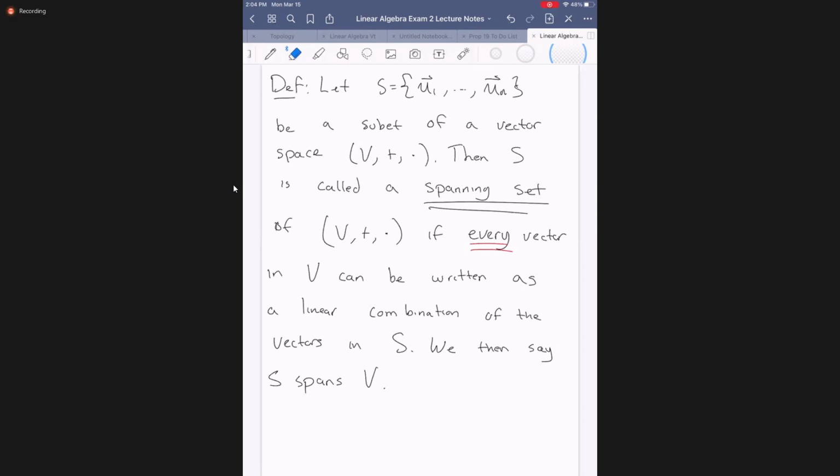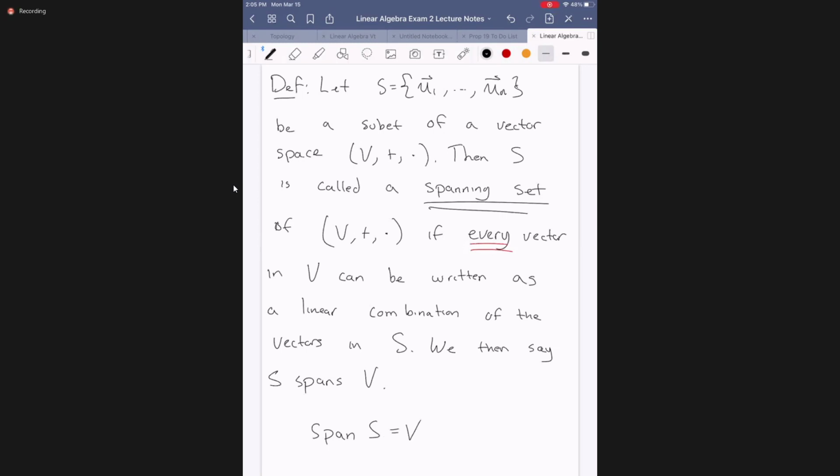Well, in that case, you say that S spans V. I think I can write it a little bit more precisely: we actually say that the span of S is equal to V.